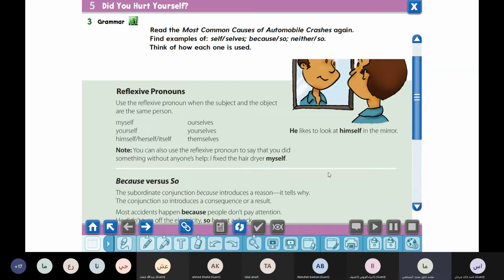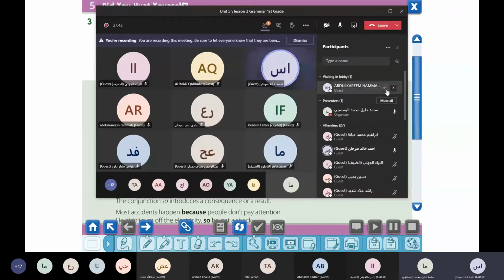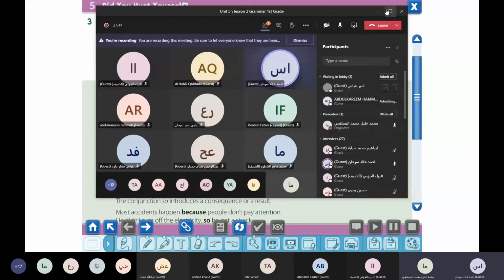You realize, where's the subject here? He is the subject. Now, where is the object? Himself. This is the object.